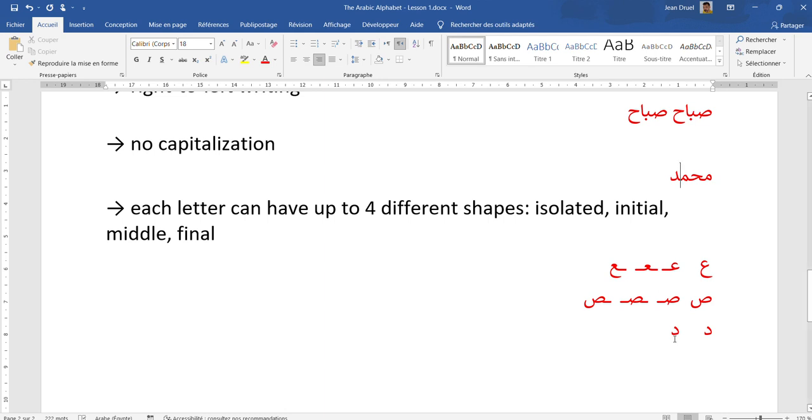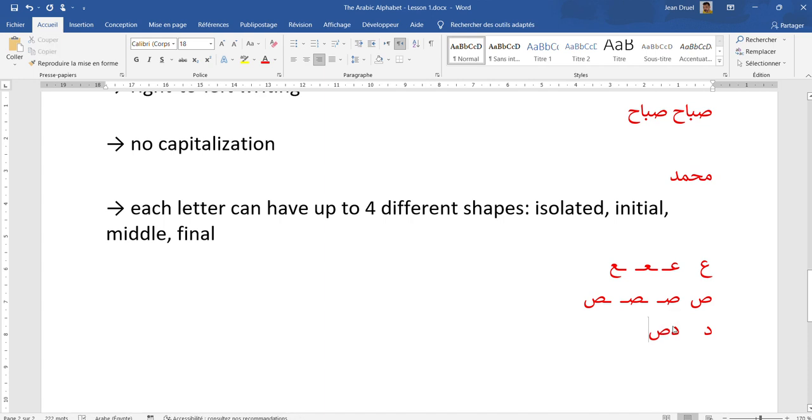That letter in initial position is not connected. If I write something after it, it does not connect, because that letter does not connect on the left. This letter connects on the right, but it cannot connect because of that one, which does not connect on the left.